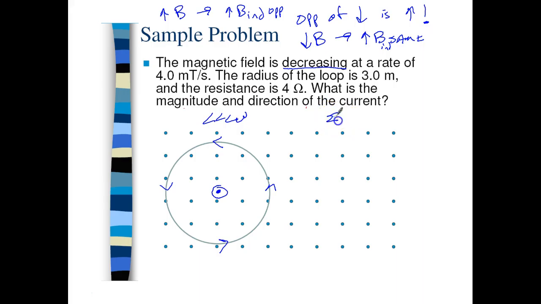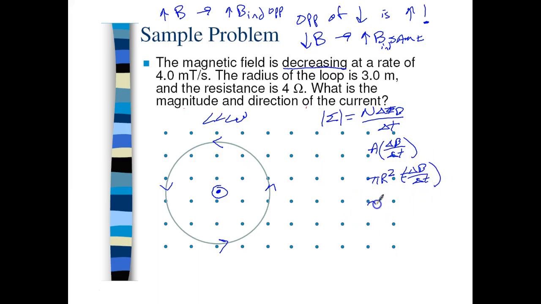So at this point, we're going to say the induced EMF is equal to N times the change in the flux all over the change in time, which means that I have one coil, so my number for N is 1. I have area times the change in the magnetic field over the change in time. The area is just pi r squared, times the change in magnetic field all over the change in time.